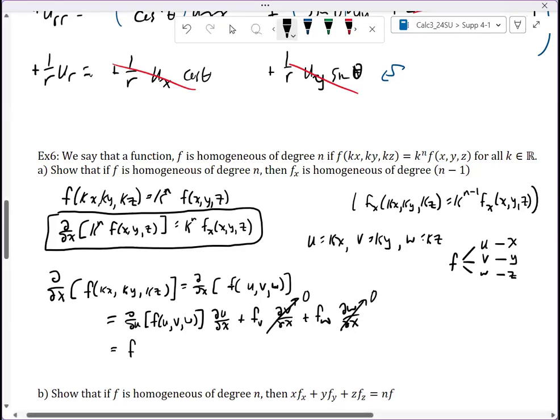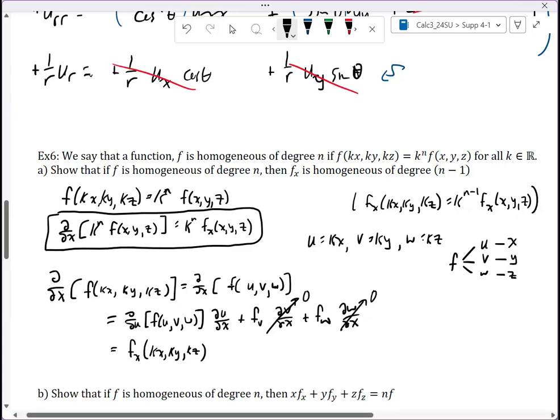Or we could write this as partial of f with respect to x, again, being careful that when we say df dx, we're talking about the first variable, not necessarily the entry into that first variable. And then here u is kx, v is ky, and w is kz.